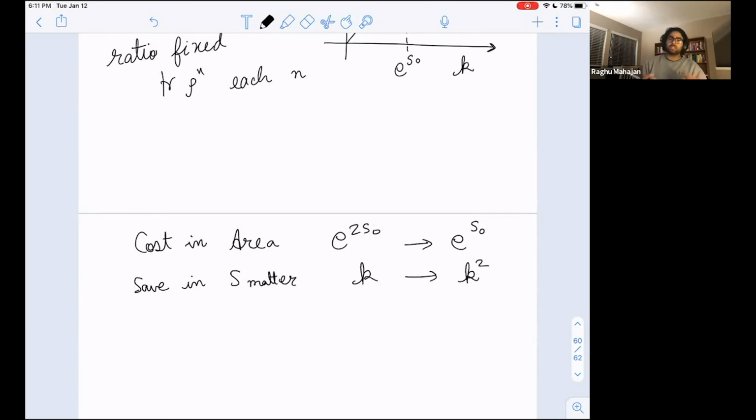So this competition is a feature. Whenever you have this, you will have the replica wormhole coming into the picture. Those computations in this paper are more complicated, so I couldn't go into them here. They involve knowing a bit more about the boundary particle in JT gravity and solving something called the conformal welding problem.